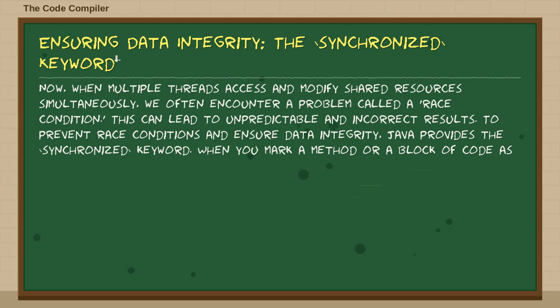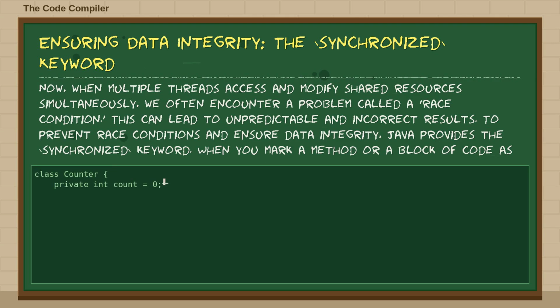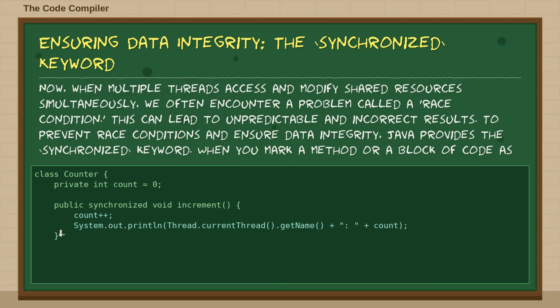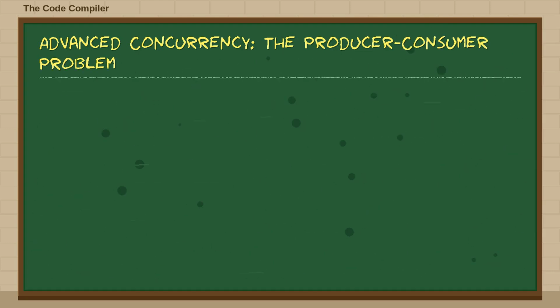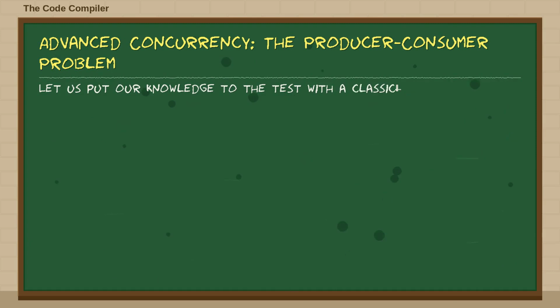This mechanism ensures that critical sections of code, where shared data is accessed, are executed atomically, meaning as a single, indivisible operation. This is fundamental for building reliable concurrent applications. Let us put our knowledge to the test with a classic concurrency problem, the producer-consumer problem.